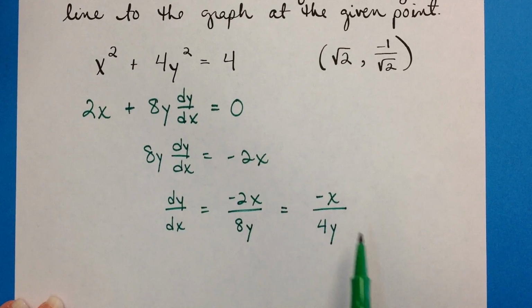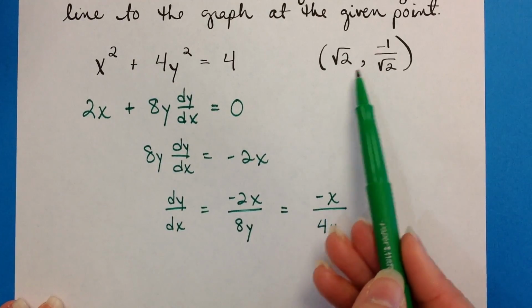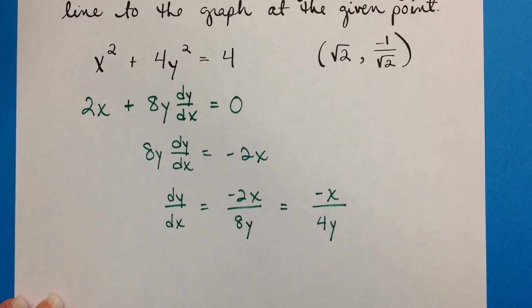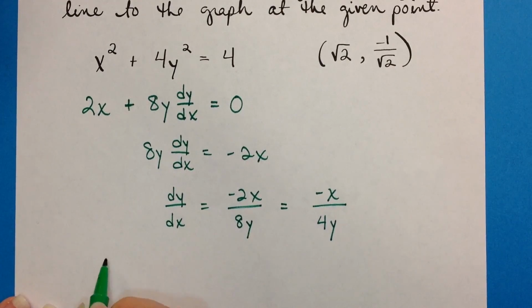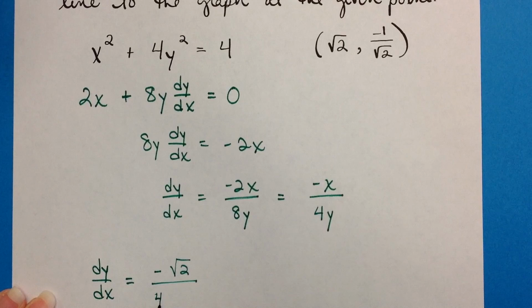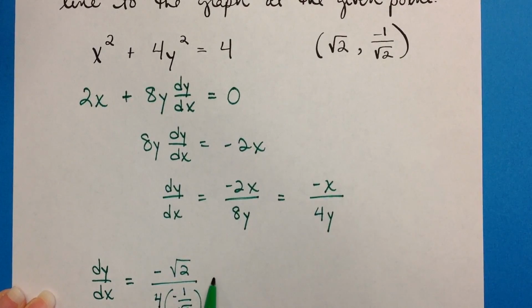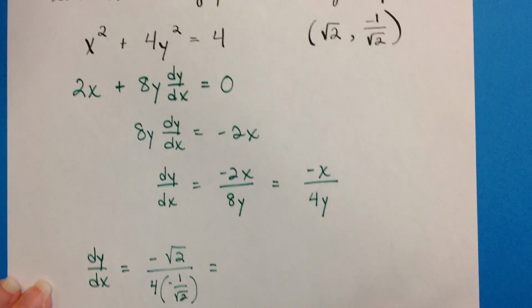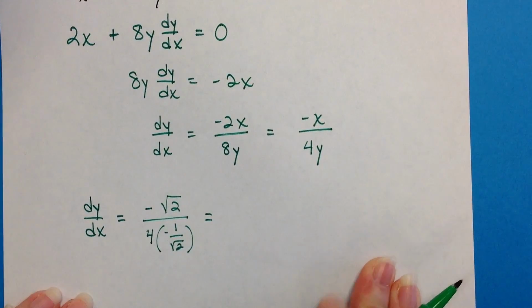So now, of course, this is our derivative, and if I want the slope of the tangent line at this point, then I would need to substitute in my point. So dy/dx is equal to negative square root 2 divided by 4 times negative 1 over square root 2. So just substitute in my x value and my y value.